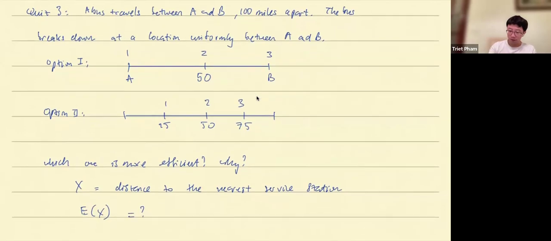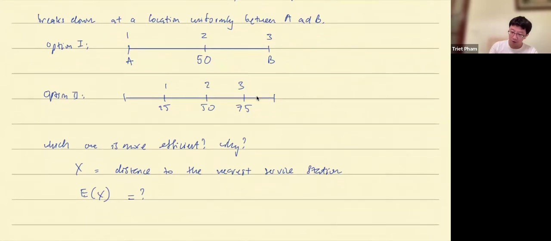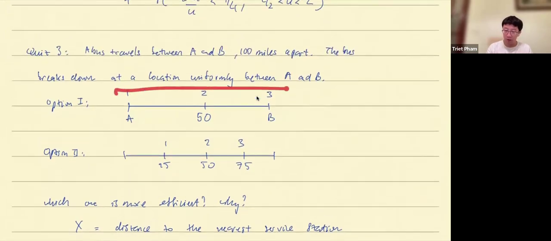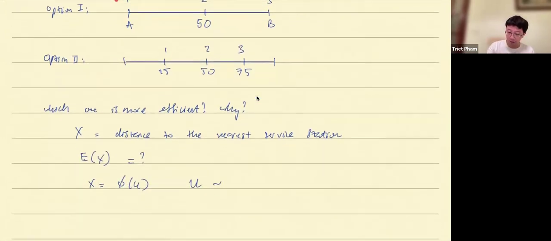So for example, what is the expectation of x in the first case? Actually, before this, what do we need to do? We need to write x as a function of u, where u is the location of the breakdown.